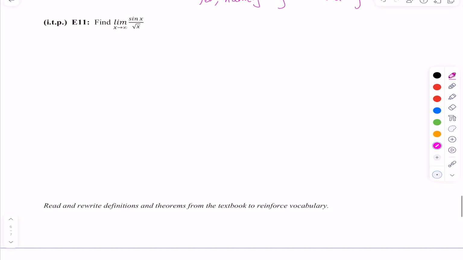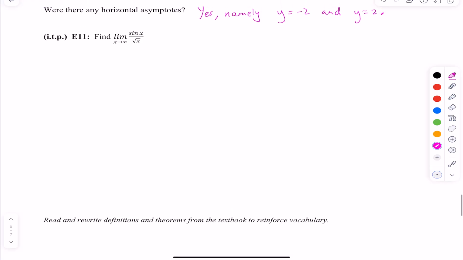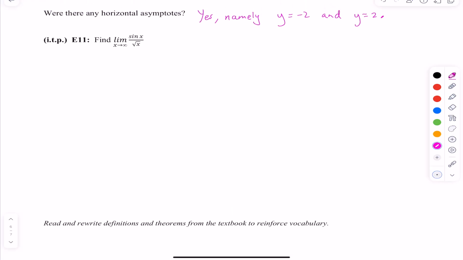This last example here is just a recap of a technique you may have learned earlier, and that is called the squeeze theorem. But notice this time the squeeze theorem involves an x approaching infinity.